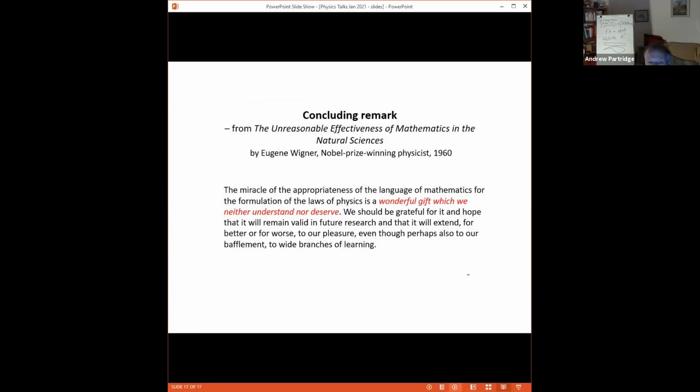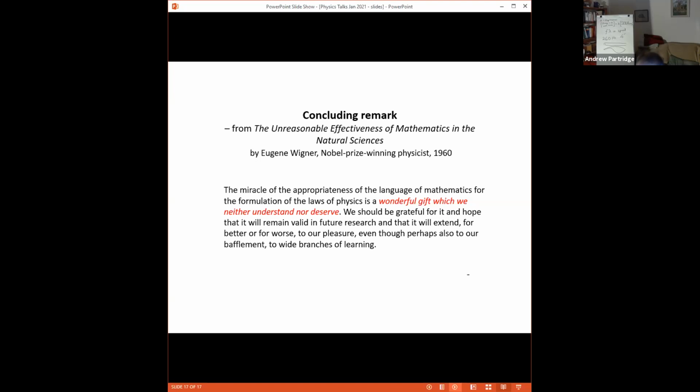And this led a very well-known mathematical physicist to actually write a little article entitled "The Unreasonable Effectiveness of Mathematics in the Natural Sciences." And that's a little quote from it at the end, saying that the miracle of it is a wonderful gift which we neither understand nor deserve.